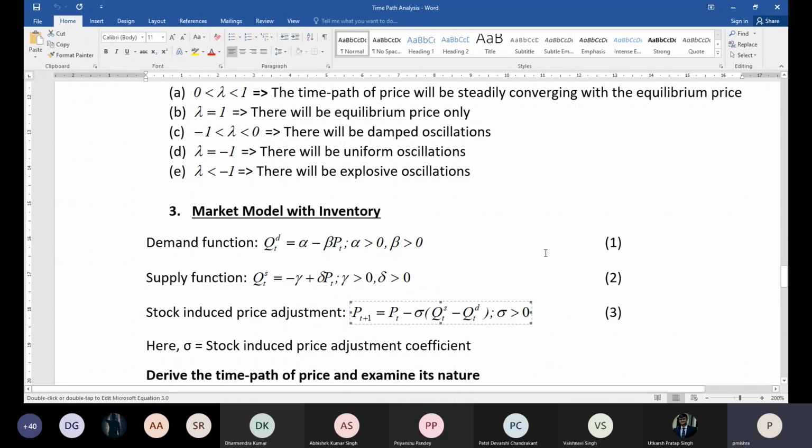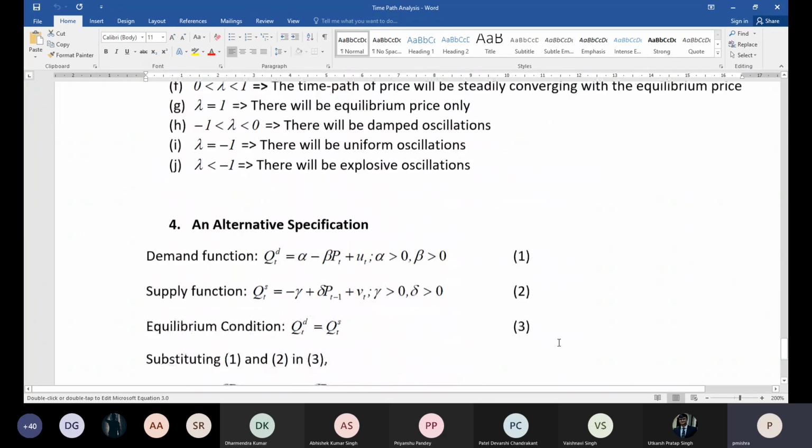So either there would be excess supply or excess demand in the market, and depending on that, price may increase or decrease. Here I'm assuming that if there is excess supply, then price will decrease. If there is excess demand, then price will go up. And this sigma here is the coefficient of adjustment.